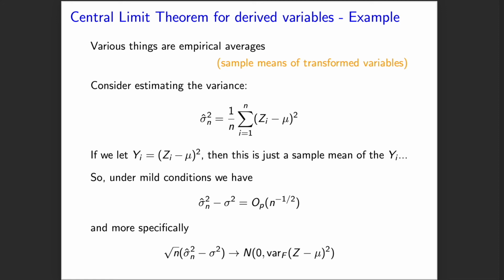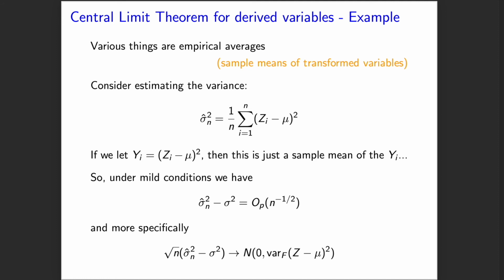So based on all of the theory we've already done, we could say, okay, sigma hat_n squared minus sigma squared converges to 0, and it converges to 0 at least at a rate of 1 over square root of n. And then more specifically, we could apply the central limit theorem, and we could say square root n times the quantity sigma hat squared minus sigma squared converges to a normal distribution with mean 0 and with some variance that's a function, in this case, of the fourth moment of z.